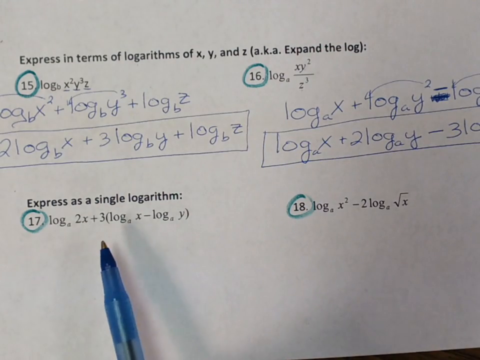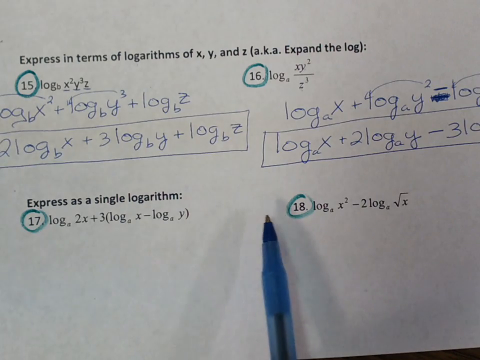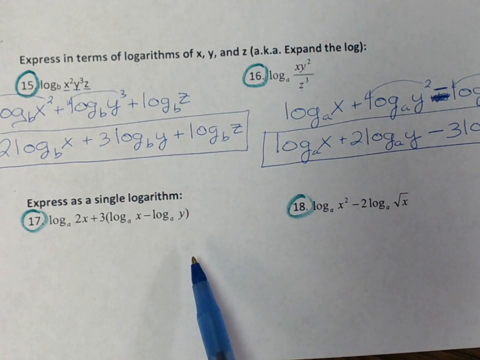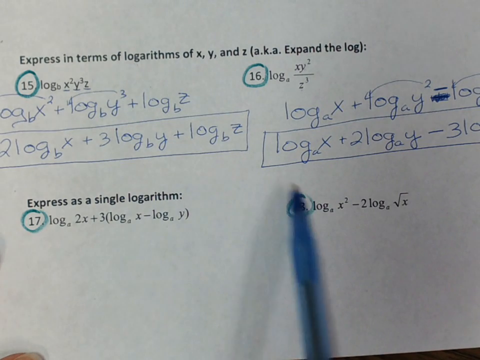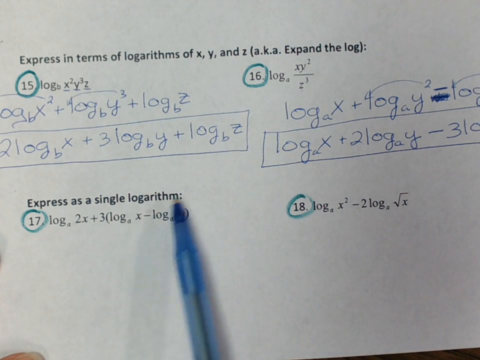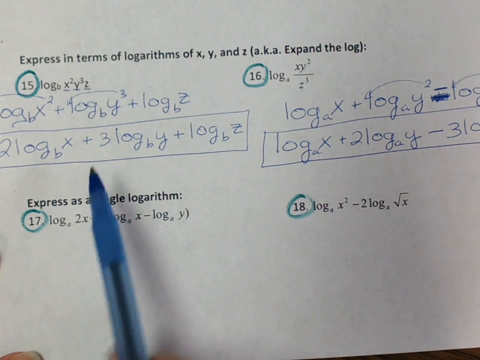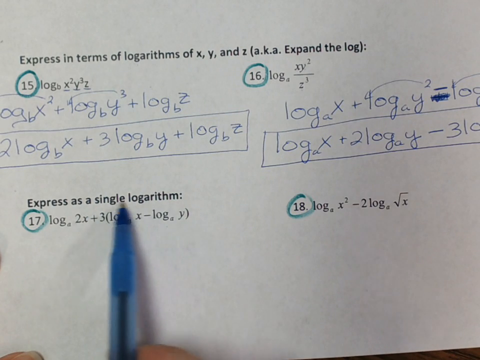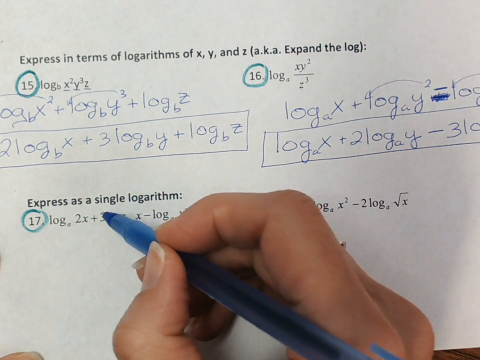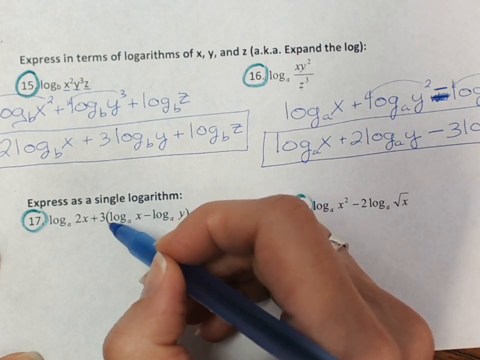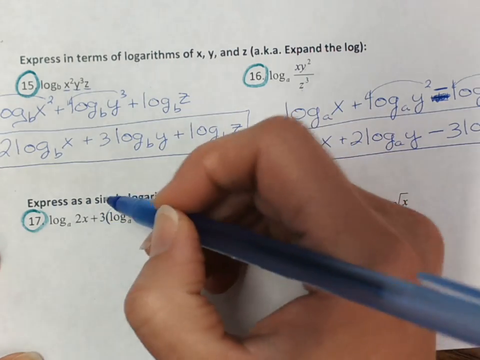Okay, so I'm going to do 2 more of these with you, and then we're going to do a couple on the back, and then I'll stop the video and you can work on your own. So make sure you're really focusing and paying attention on this because it's putting all of the properties together. So I'm supposed to express this as a single logarithm. Well, the 3 out here is being multiplied by everything in the parentheses.